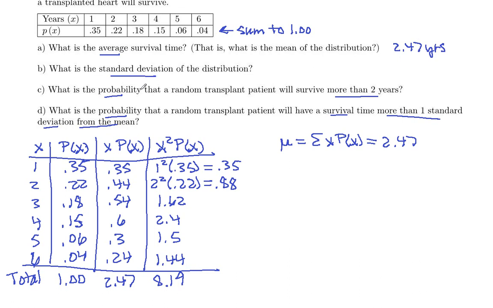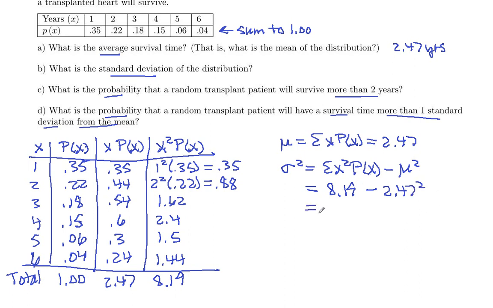Standard deviation for the distribution. So remember that sigma squared is that last column, sum of x squared p of x, and then you subtract off the mean squared. So in our case, it's the 8.19, and we are subtracting the 2.47 squared.